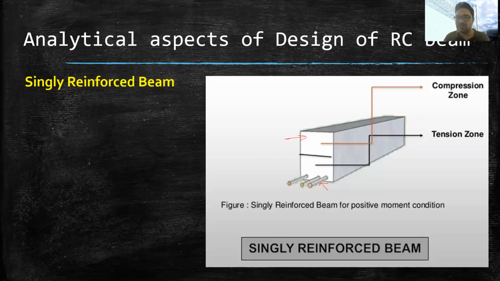So in this type of beam, we provide reinforcement only on one side, which is the tension side. On the compression side, we don't provide reinforcement. This is why the beam is called a singly reinforced beam. Below the neutral axis, generally it is the tension zone, and above the neutral axis, generally it is the compression zone.